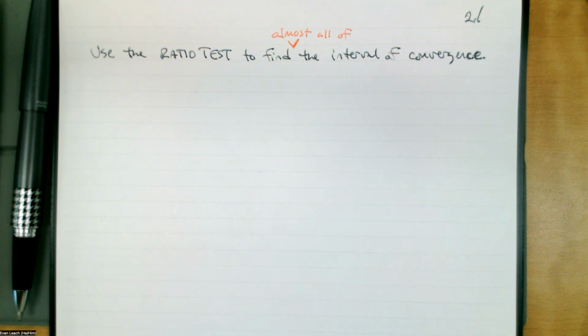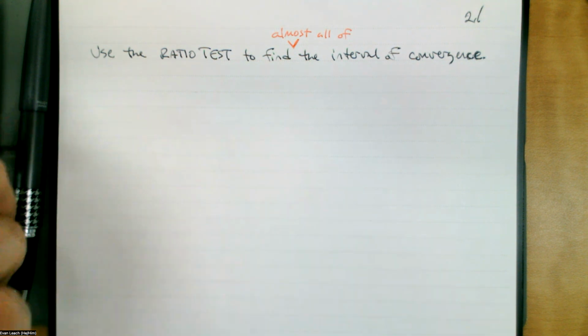The ratio test is blind at the endpoints of the interval of convergence. The ratio test might not know what's going on at the endpoints.